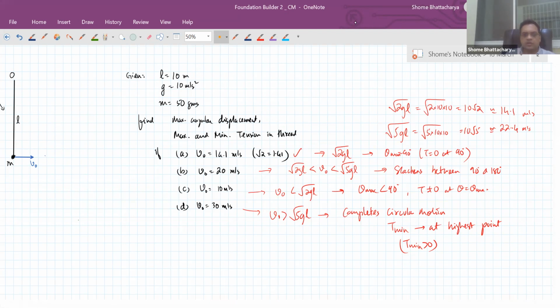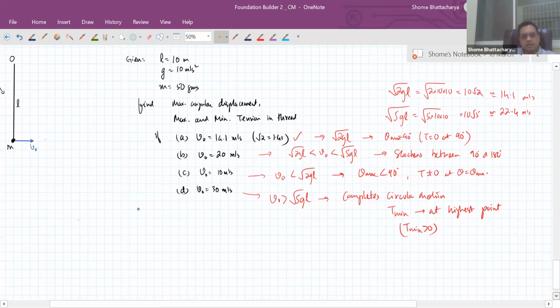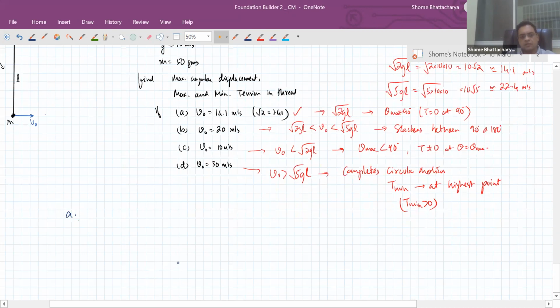Okay, so anybody else got the values? Let's work out each case now. So part A, the speed here is root 2gL exactly, which is 14.1.